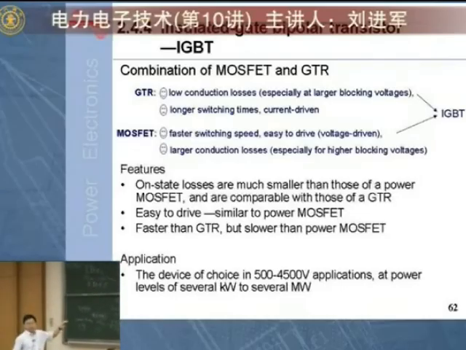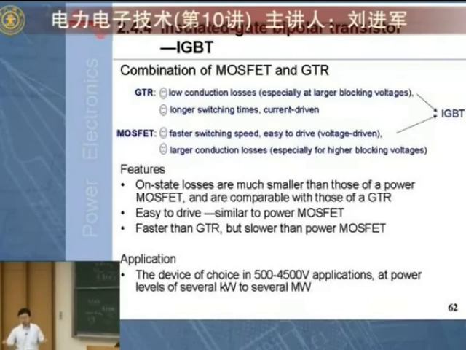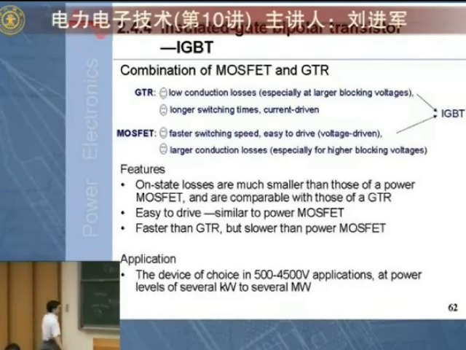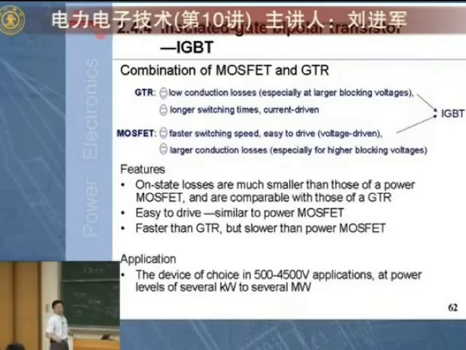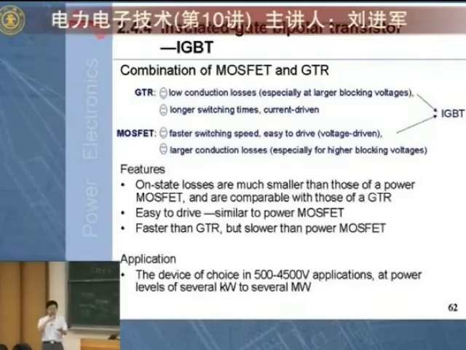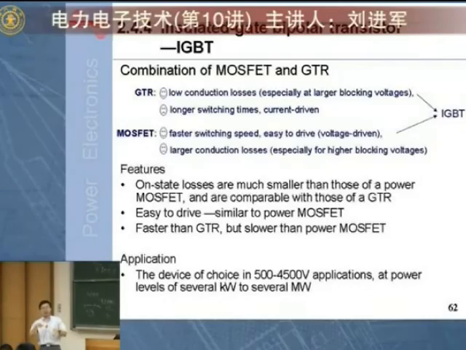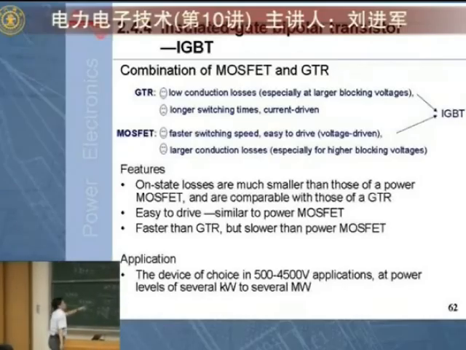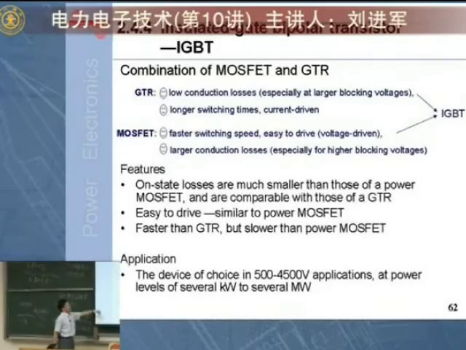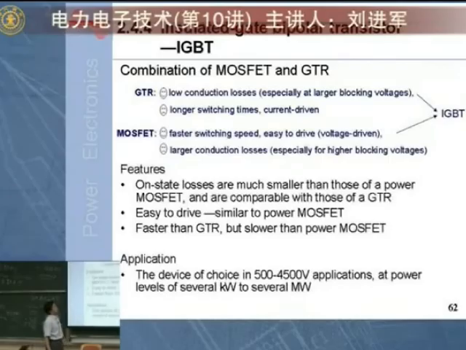So the idea would be, how can we combine those two devices together so that we keep the good things about power MOSFET and at the same time we also keep the good things about GTR. So that's the idea. And that gives us the new device, IGBT.